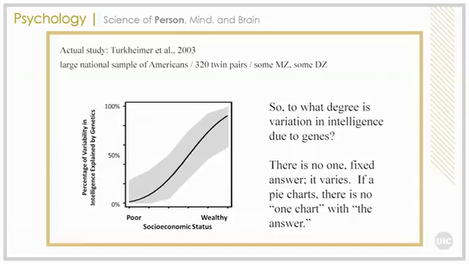Instead, if you imagine a pie chart, there's no single chart. There are different charts for different levels of economic status. The results are actually quite striking. Once you hit a middle and up economic welfare neighborhood in the US of A, if you ask whether differences in intelligence are genetic or environmental, they are in fact almost entirely genetic.